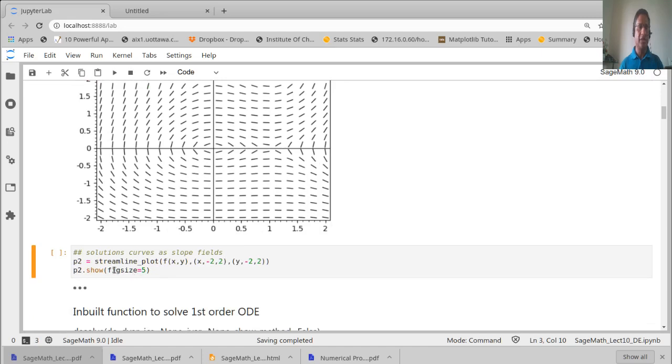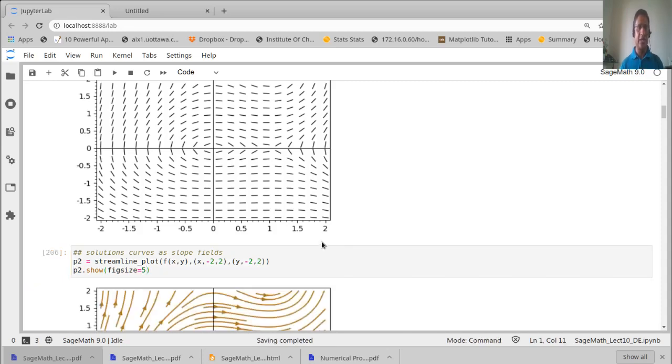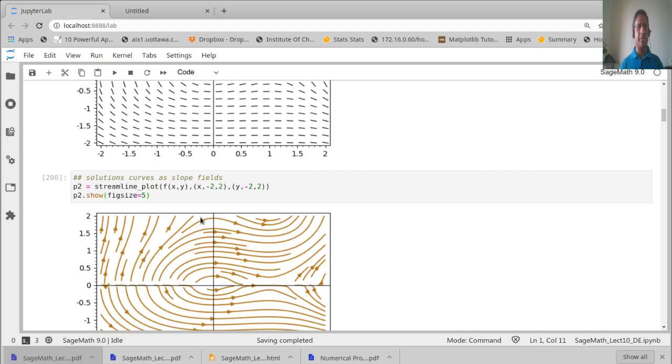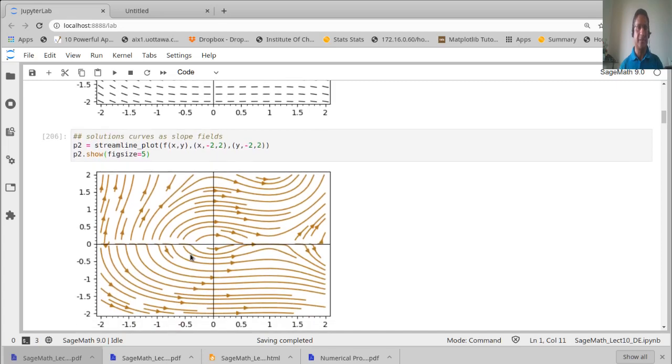We can use streamline_plot with the same function f(x, y), x going from -2 to 2, y going from -2 to 2, figsize equal to 5. So let us look at that. Yeah, so this is what is called a streamline plot. Basically it shows the solution curve, and tells how the solution is moving as we move along x.